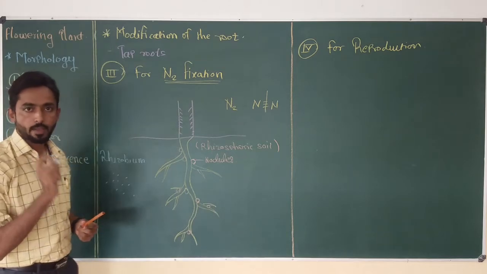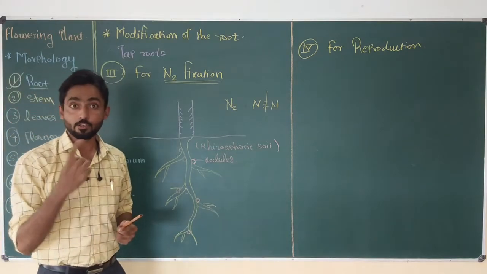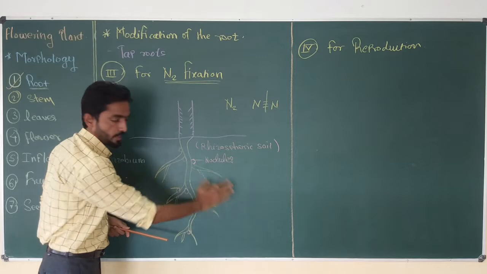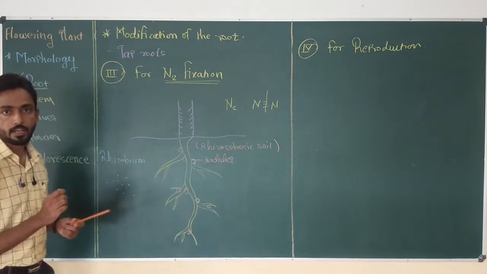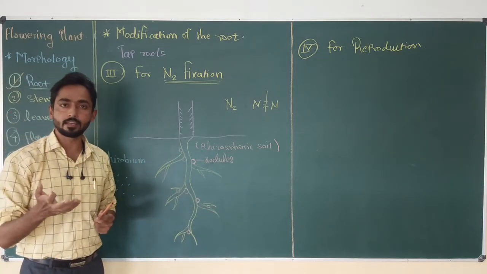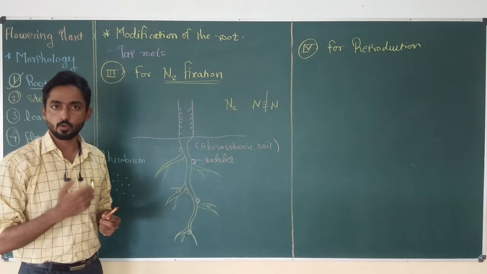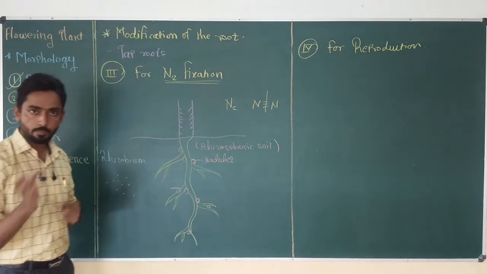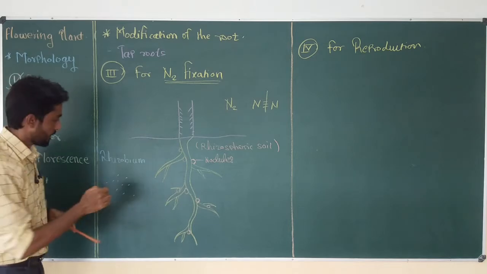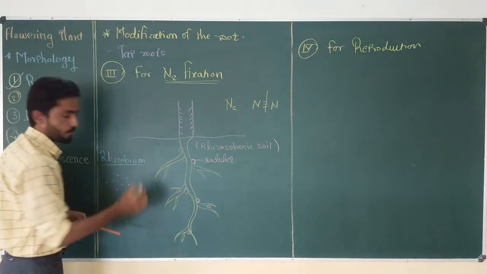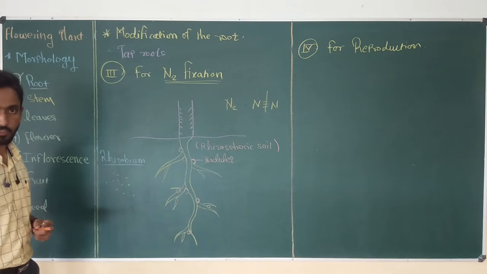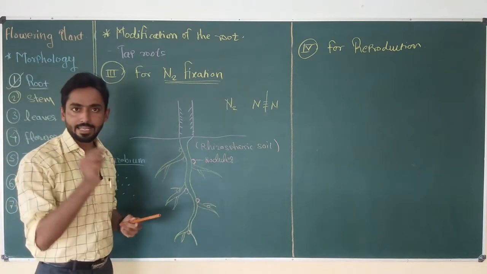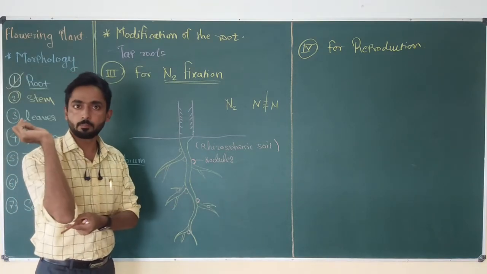Two important types of bacteria available for nitrogen fixation in the soil are rhizobium and azotobacter. Blue-green algae also play an important role in nitrogen fixation, but in nodule formation, instead of BGA or azotobacter, only rhizobium plays the important role. So this is the bacterium responsible for nodule formation in the taproot of flowering plants.